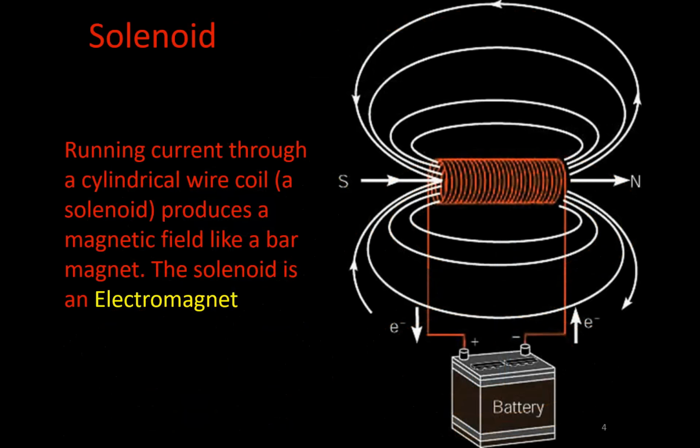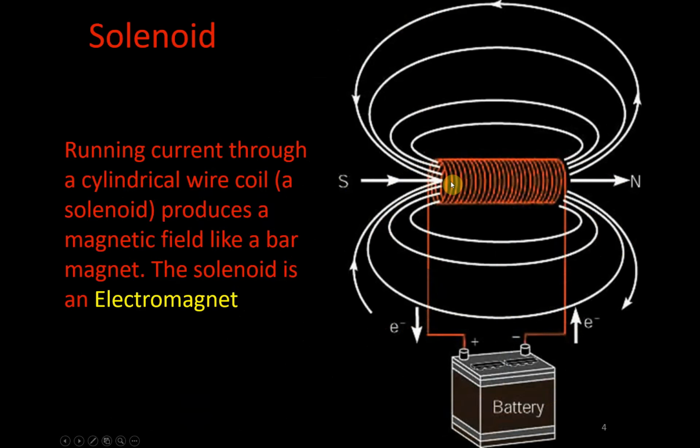Now, we can also put, say, multiple loops together. So if we take a wire and then we coil it up, what we really are creating here is a solenoid or an electromagnet. That means we can take all these loops.